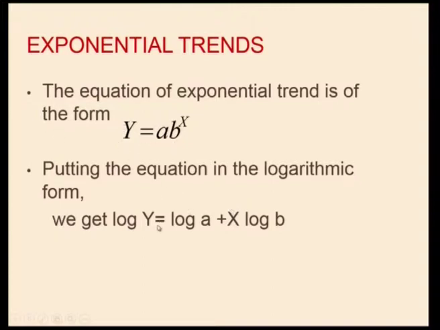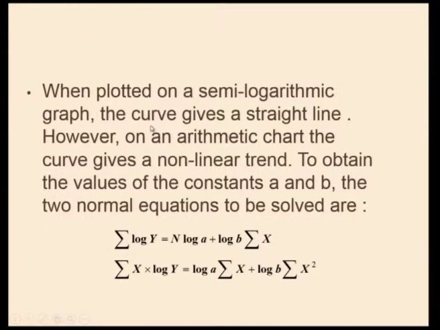So we get log y = log of the product, which will be the sum of the logarithms, log a plus log of b^x. Using the rule of logarithms, we get x log b. Now when plotted on a semi-logarithmic graph, the curve gives a straight line. However, on an arithmetic chart, the curve gives a nonlinear trend.